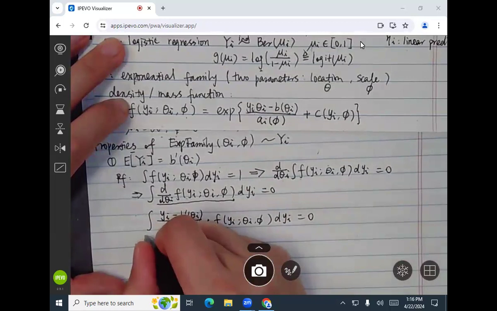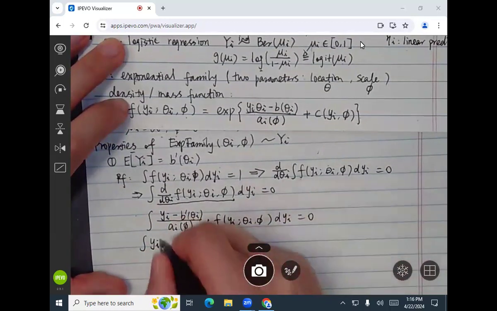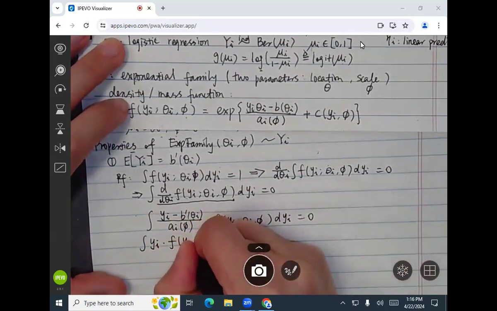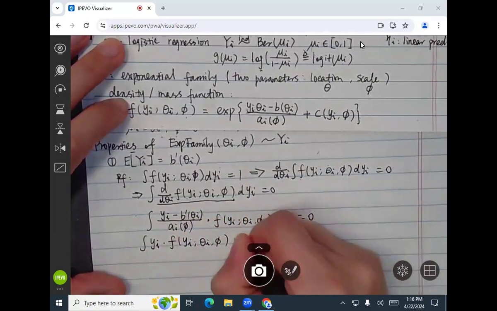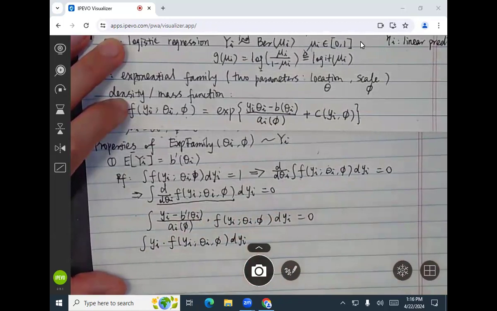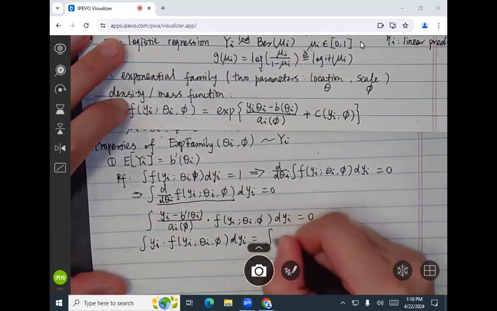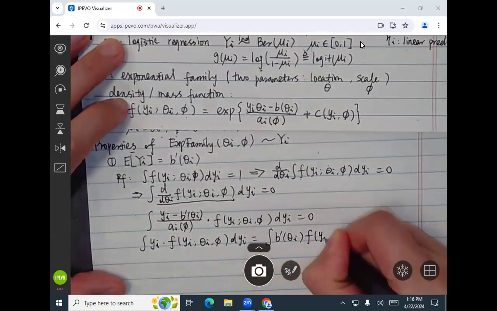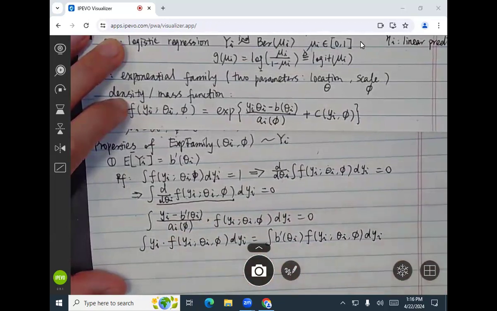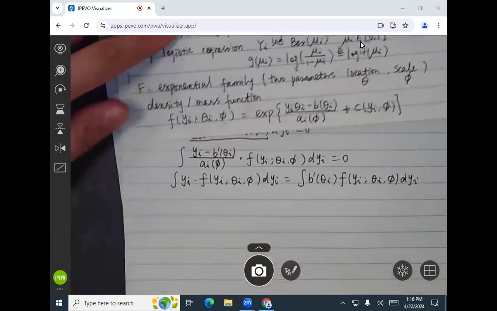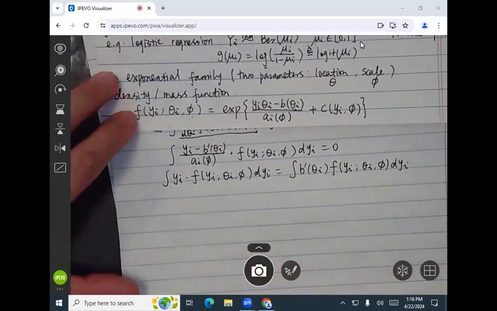So essentially, we will just have the integral of yi times f(yi; theta i, phi) dyi equals the integral of b prime theta i times f(yi; theta i, phi) dyi. So we have this equality. And then we get what we want.